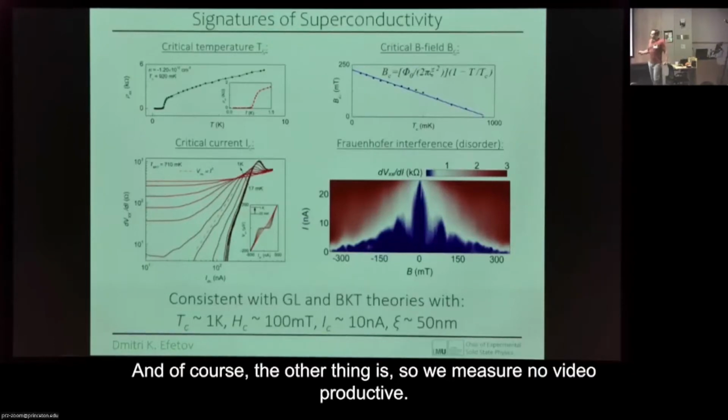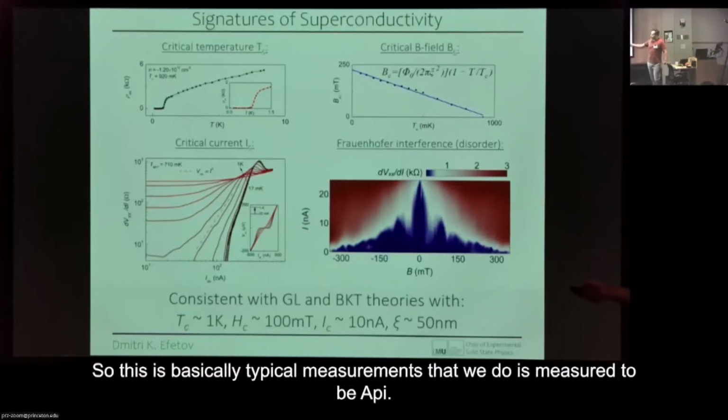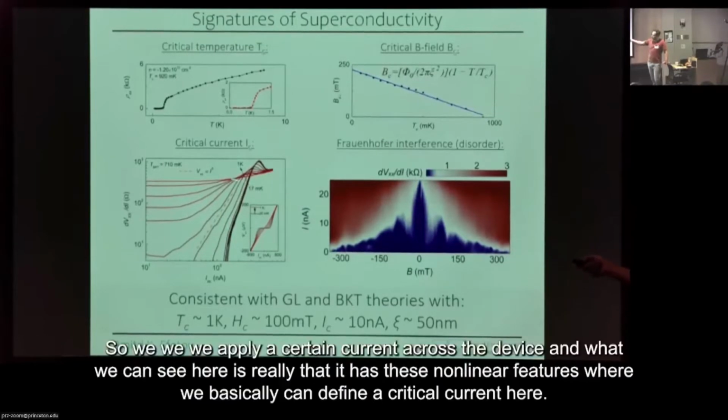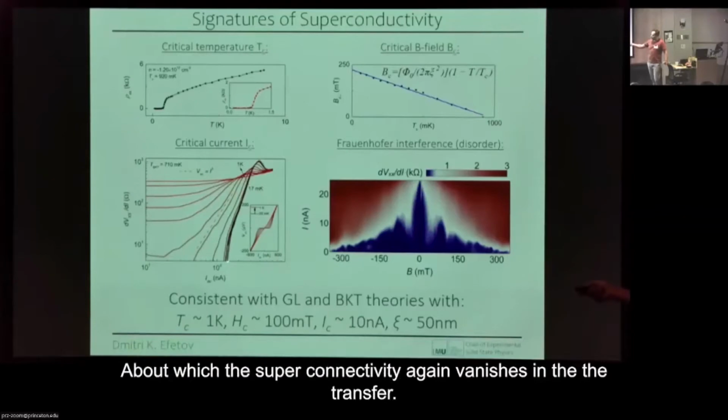Then, of course, the other thing is we measure nonlinear conductance. The typical measurement that we do is measure dV/dI, so basically nonlinear conductance as a function of a DC current. So we apply a certain current across the device, and what we can see here is that it has these nonlinear features, where we can define a critical current, above which the superconductivity vanishes and the device turns resistive again.